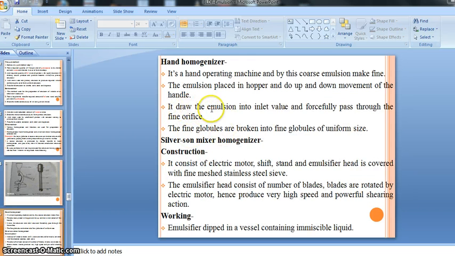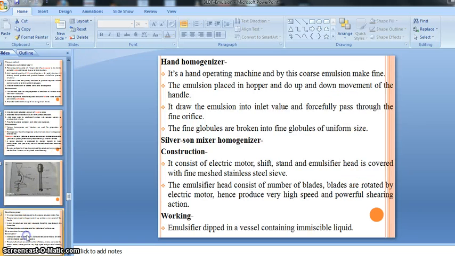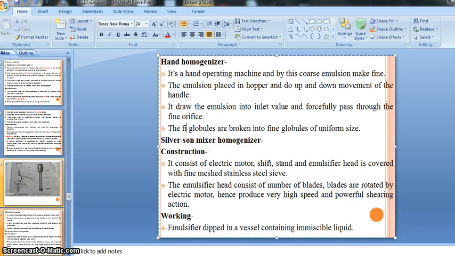Due to the movement, the emulsion is drawn in through the inlet and forcefully passed through the fine orifice, right? Due to passing through the narrow orifice, the large globules of the emulsion are reduced into fine globules, which are broken into globules of uniform size, right?